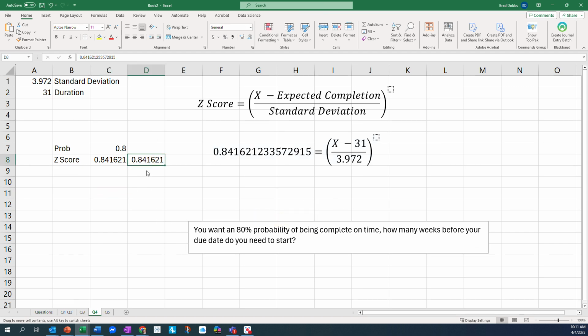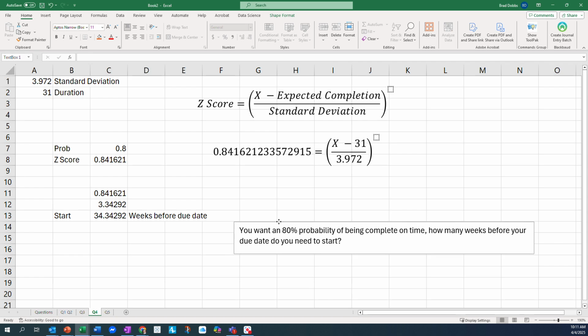So we have this value, and then we're going to multiply it times the 3.972. What we're going to end up with is x minus 31 equals this, plus 31. And so we should start 34 weeks before the due date.